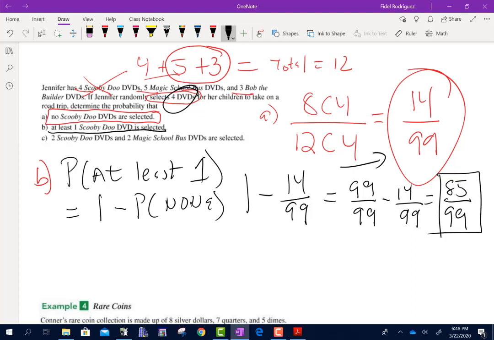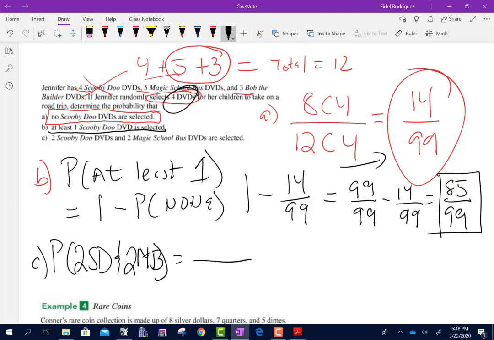Okay. And there is a part C. So let's do part C. Part C says we want 2 Scooby-Doo and 2 Magic Bus. My denominator is not going to change. It's still going to be 12 choose 4 because we still have 12 DVDs to choose from. Now, how many Scooby-Doo DVDs do we have?